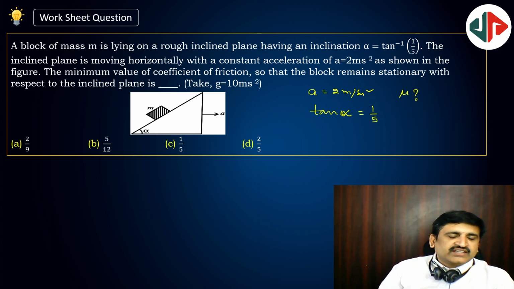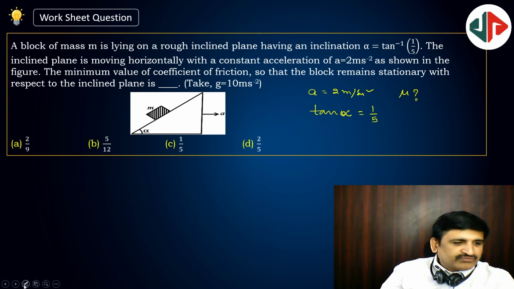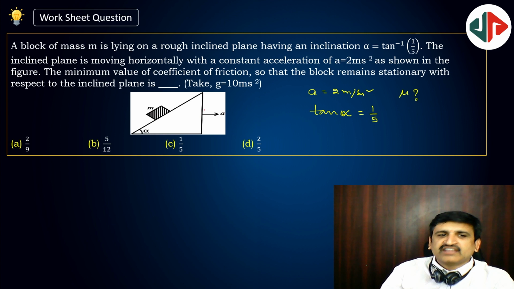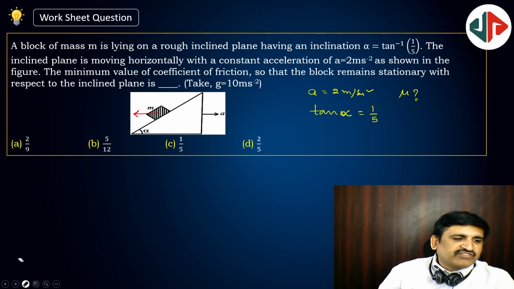Fine. Here is the concept I have to tell you: whenever the wedge is pulled with acceleration a, the block experiences a pseudo acceleration a like this. So there will be a force ma in this direction. So that force I will write instead of acceleration. If the wedge is pulled with acceleration a, then it will experience a pseudo force ma.